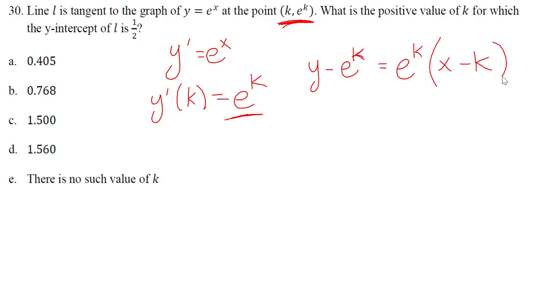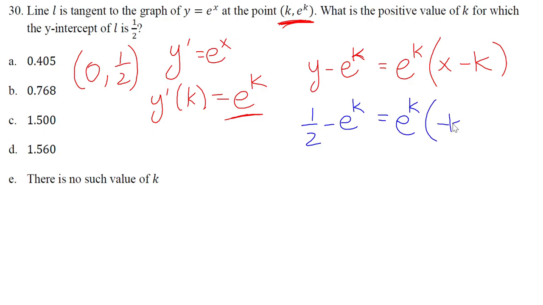Well, we want to know for what value of k is the y-intercept 1/2. Well, the y-intercept is 1/2 at the point when x is 0 and y is 1/2. So we'll plug in 1/2 for y. So we have 1/2 minus e to the k equals e to the k times 0 minus k, or negative k.